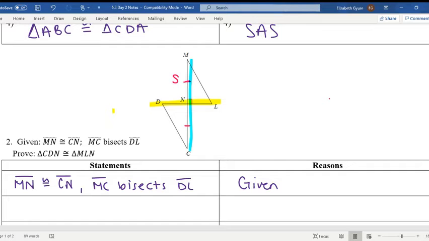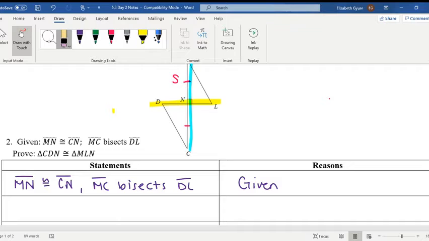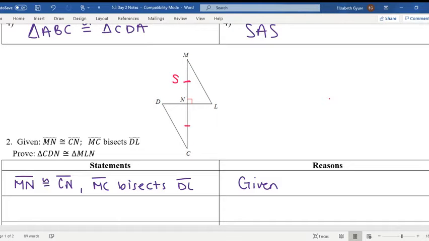Right, exactly, yeah. But segment bisectors are a little tricky. So remember, with a segment bisector, we have like a little extra step in there. The bisector gives us a midpoint, and then the midpoint will give us the congruent segments.